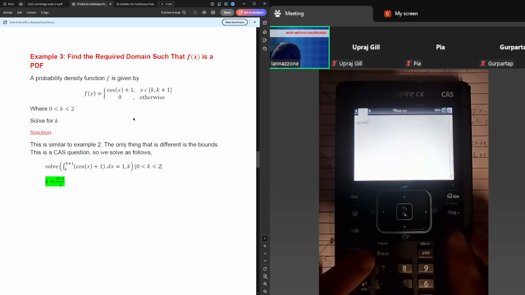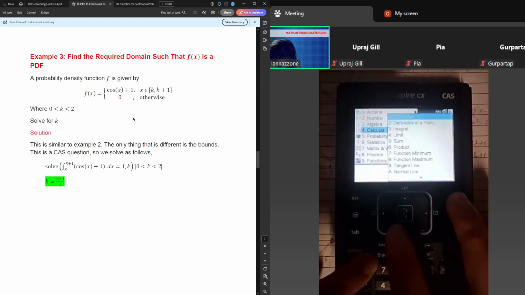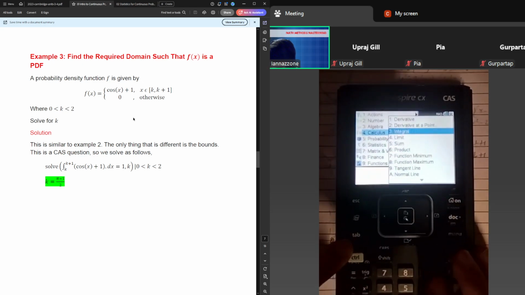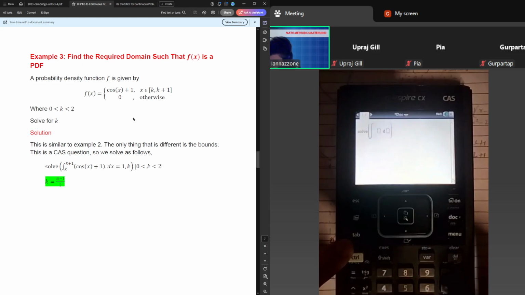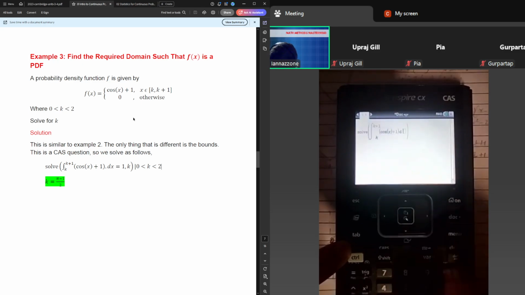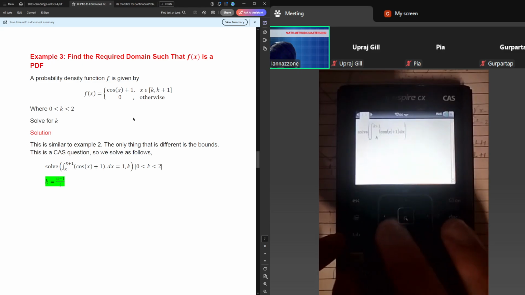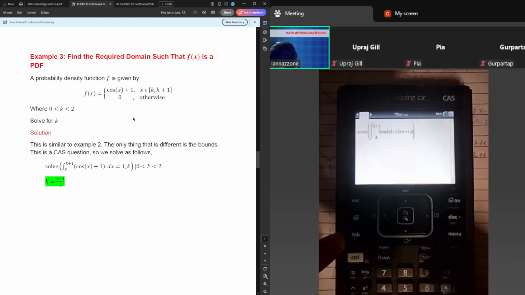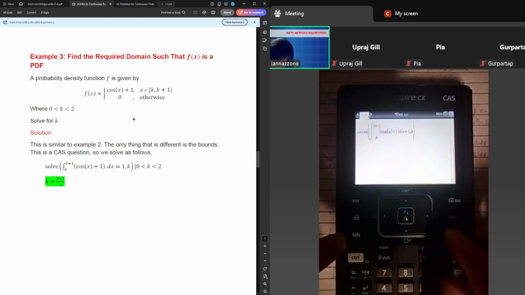Or if you don't memorize that, it's in the calculus menu down here as integral. Both will get you the required thing to put in there. And so all you do is write exactly what I wrote in the PDF: k plus 1, cosine x plus 1, dx is equal to 1, comma k, since you're solving for the k value.